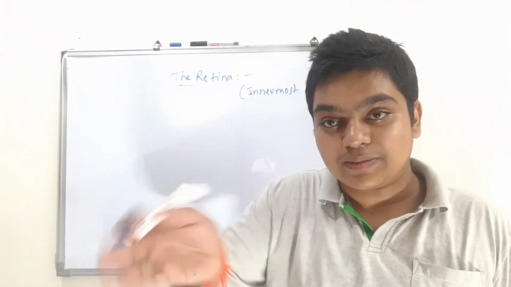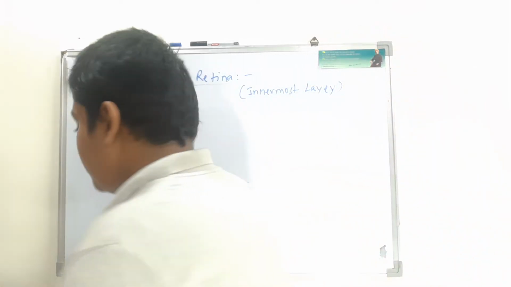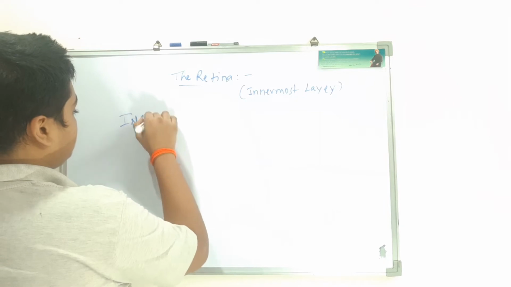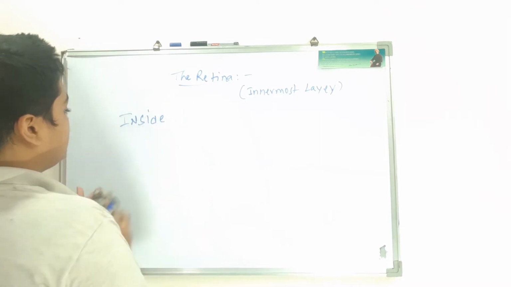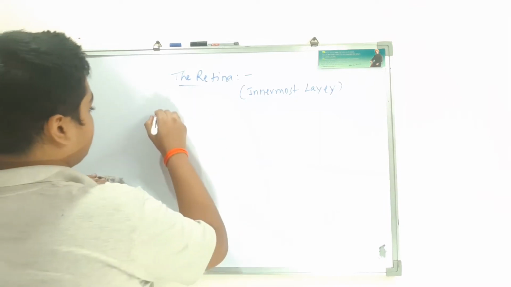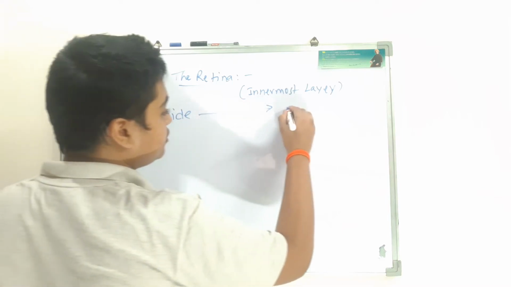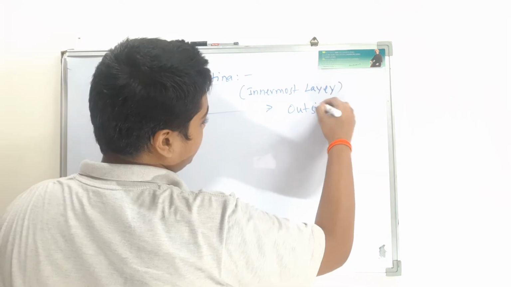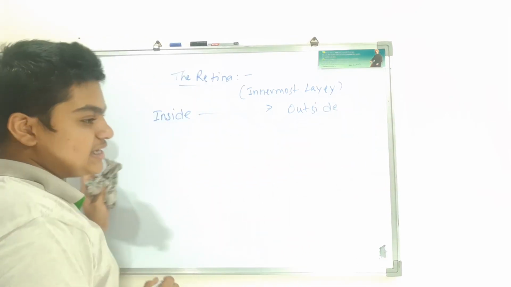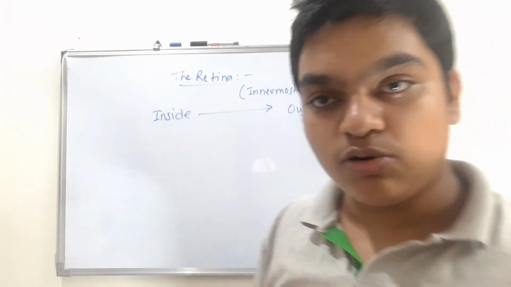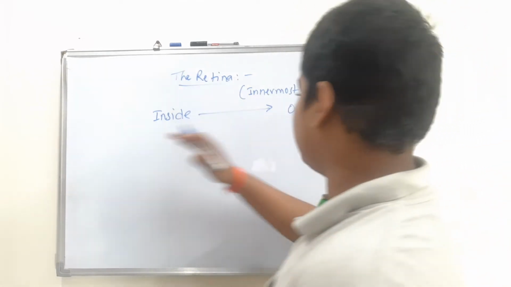Now I am telling you from inside to outside. We will be discussing all the 3 layers of this retina, the neural cells here, from inside to outside.